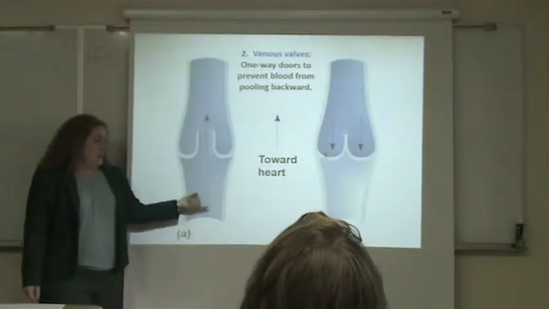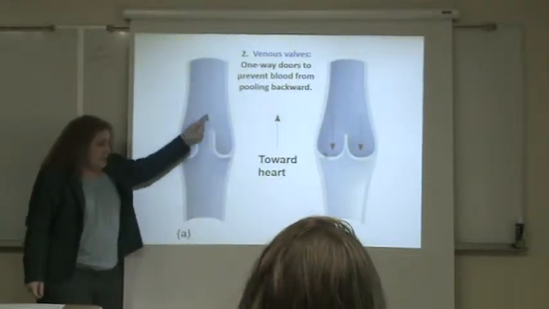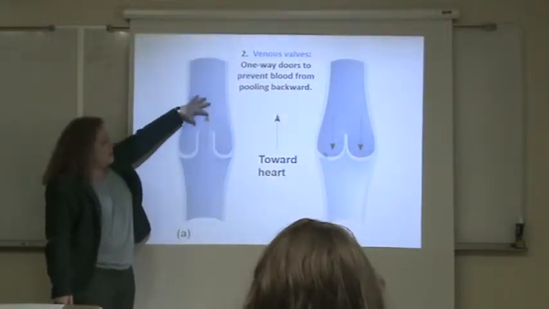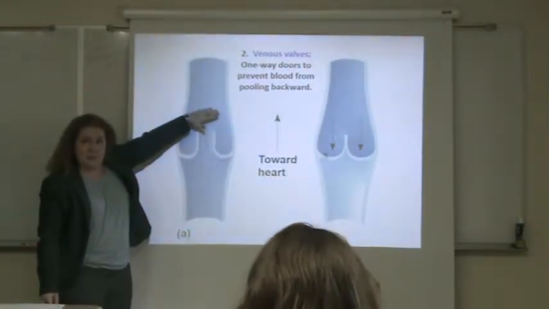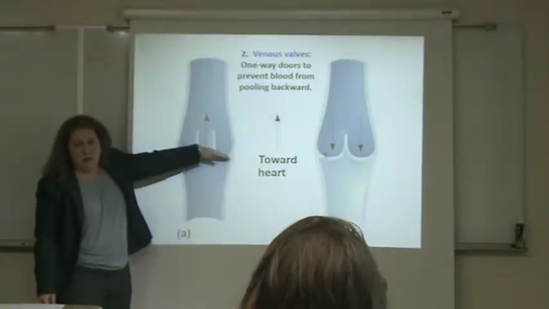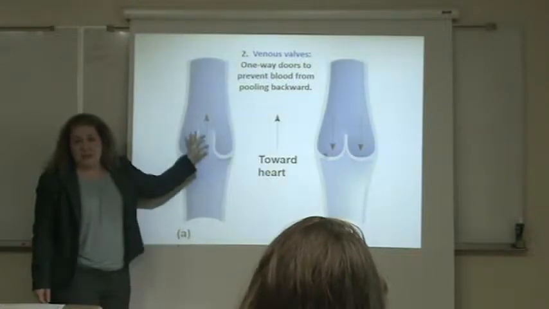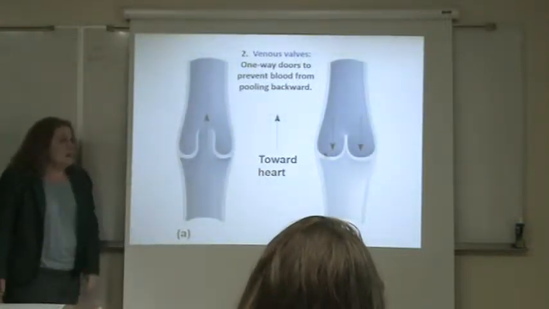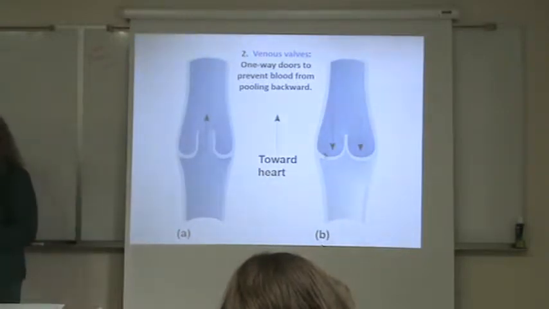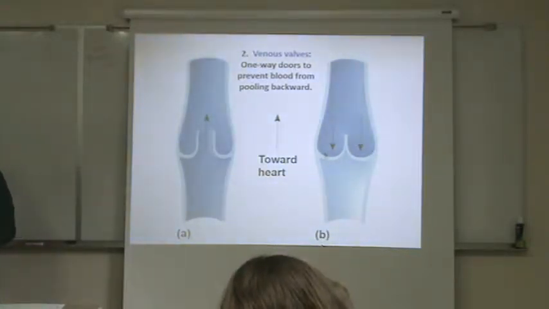So if we could just get in this vein, if it's moving upward toward the heart, if we could get blood past this point, the valves will keep it there and not let it go backward. So you have venous valves in your bigger veins. And they generally work like heart valves, but they're not as strong. Same concept.